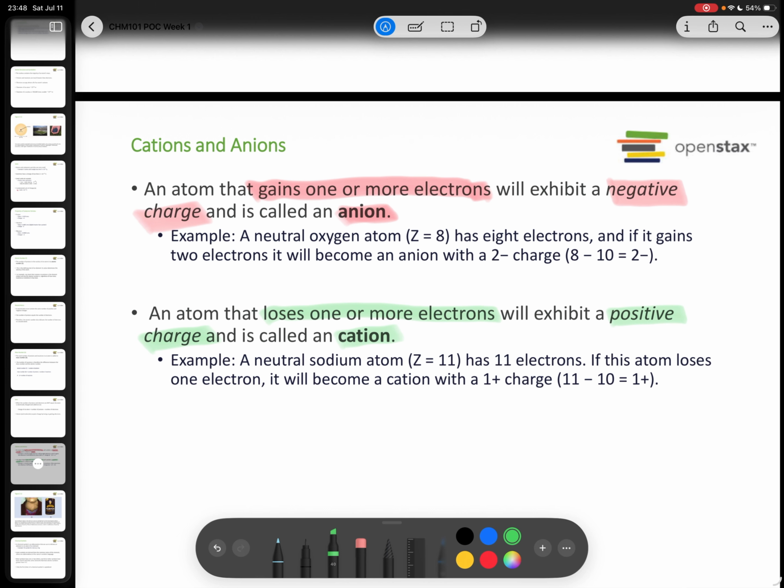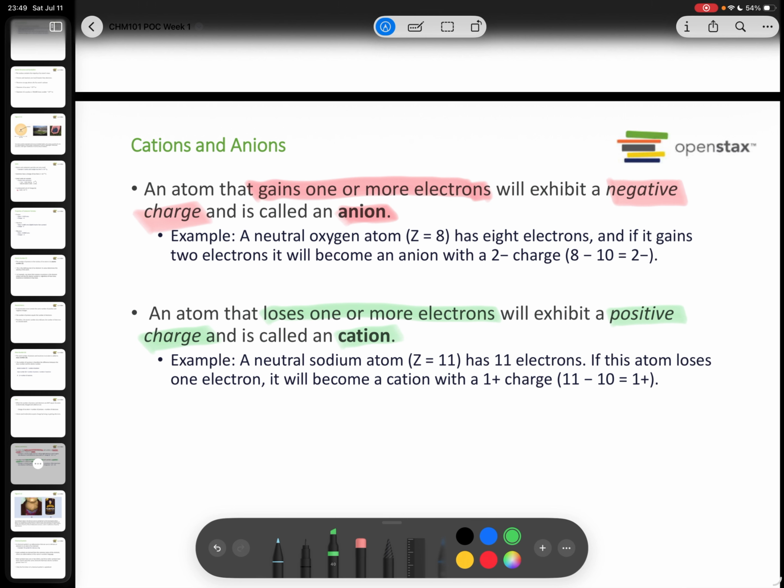Okay? So, sodium has 11 electrons and 11 protons pag neutral yung state niya. If it loses 1 electron from the 11, it has 10 electrons and a charge of, ano kaya magiging charge niya? 11 minus 10, di ba? So, magiging 1 plus yung charge niya or 1 positive.